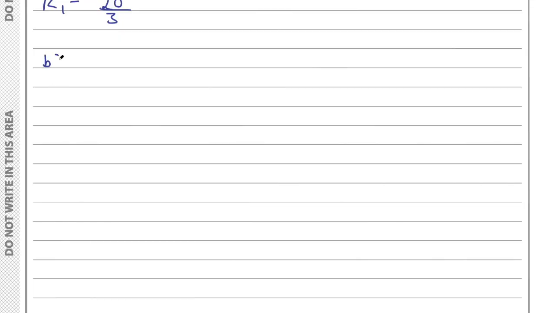So for part B then, we are going to take the integral from 0 to b, and we already have the integral of that curve. It was x to the power 4 on 4, take 2 on 3 x cubed, take 4x squared. That's straight from part A, and this is from 0 to b, and the area under the curve is a negative area, so we're going to say it's equal to negative 20 on 3.